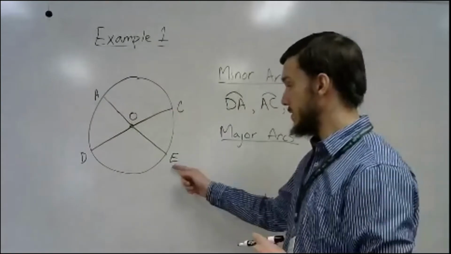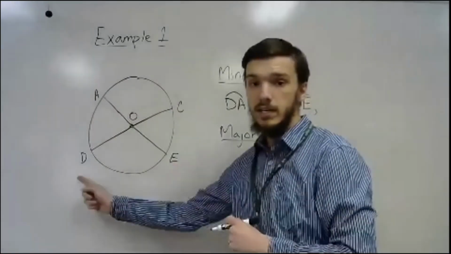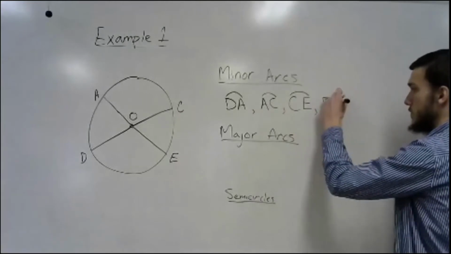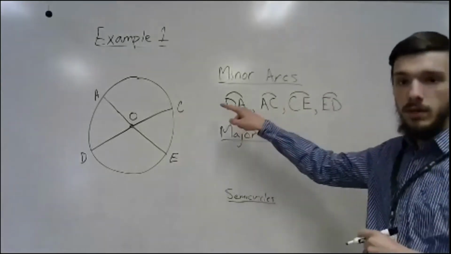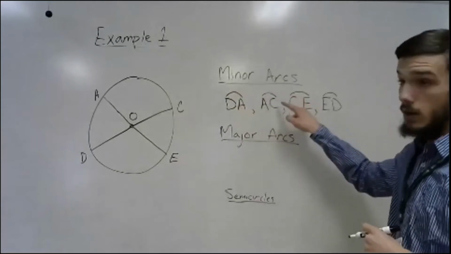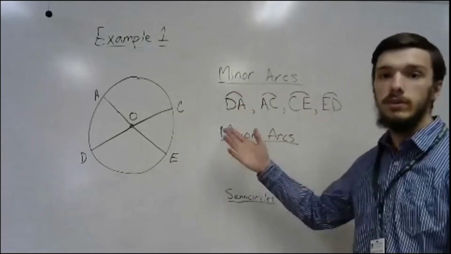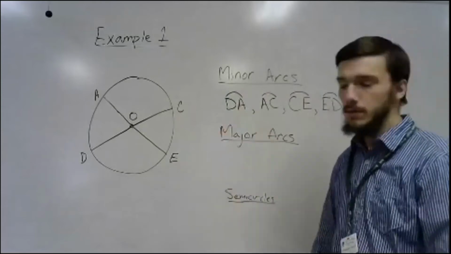And our last minor arc is ED. Notice how I put an arc symbol above each of these to denote that we're talking about arcs. These are not line segments.